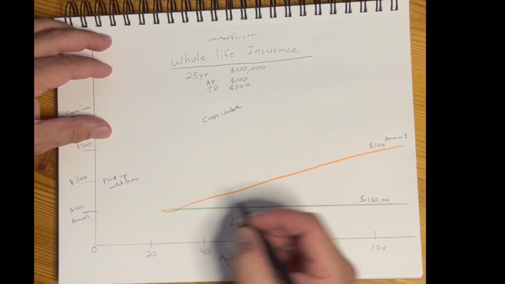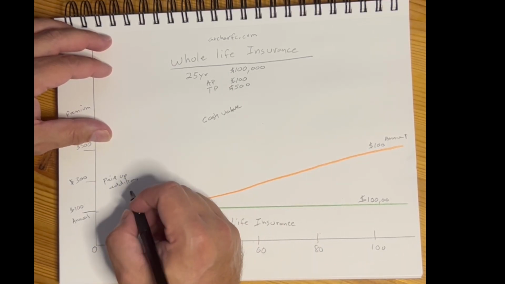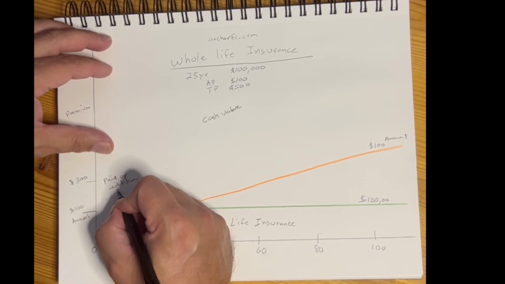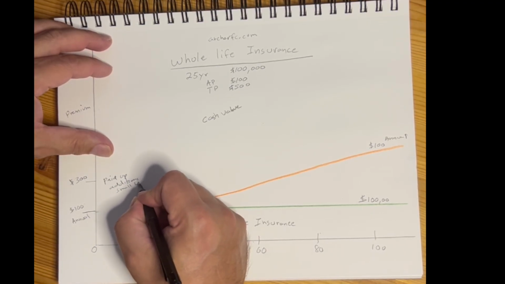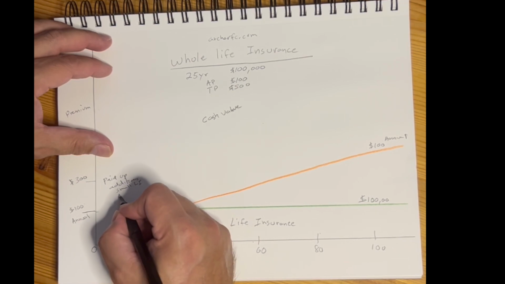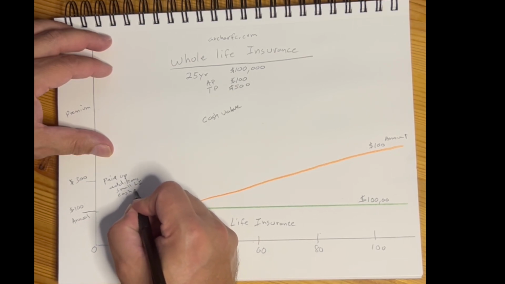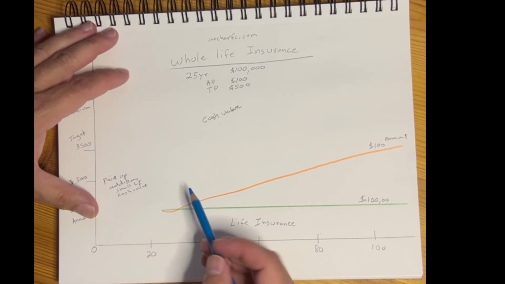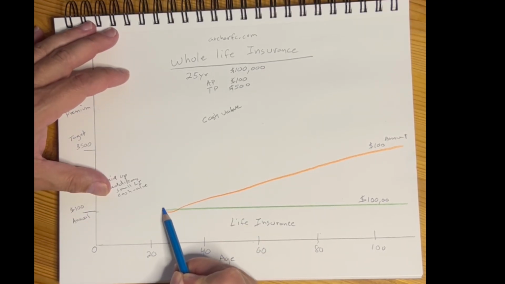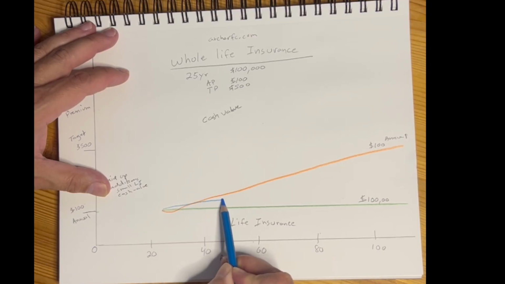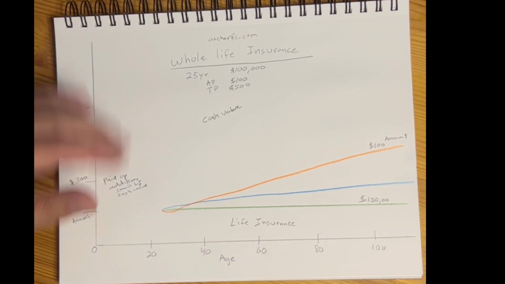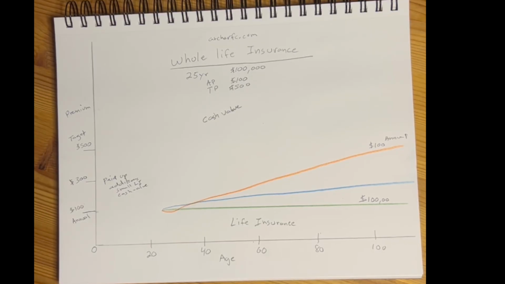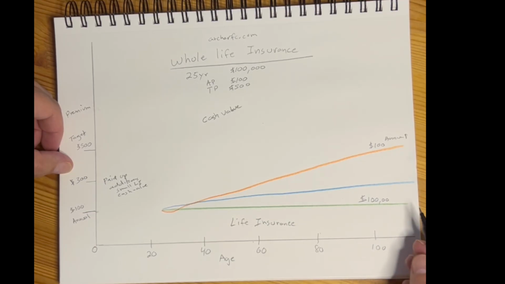If you remember the video I did on annual and target premiums, with paid up additions you're buying a small amount of life insurance, and you're putting the majority of it into the cash value. So your life insurance policy is going to gain in value over its life. Instead of staying at $100,000, it's going to start climbing slowly like this, because you're using a small part of your paid up additions to buy a little bit more life insurance.